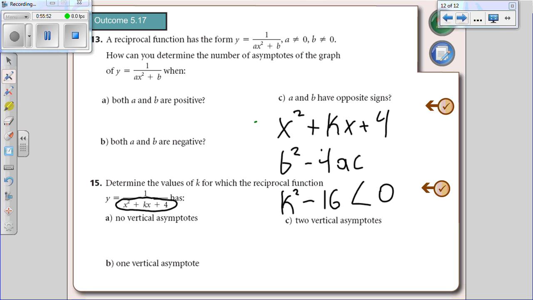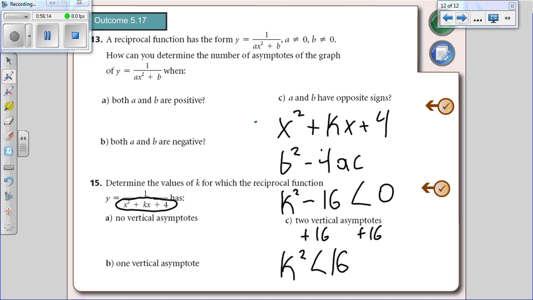So whenever k squared is less than 16, you're going to get 0 vertical asymptotes. Now you can square root both sides. K is less than positive or negative 4.